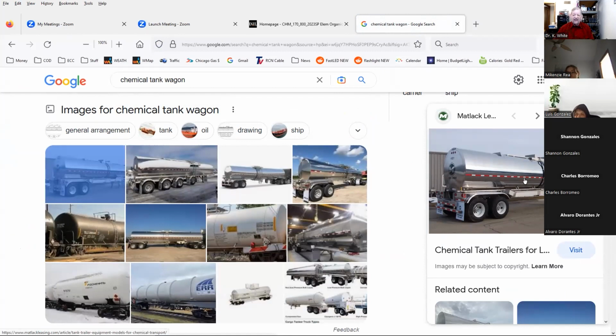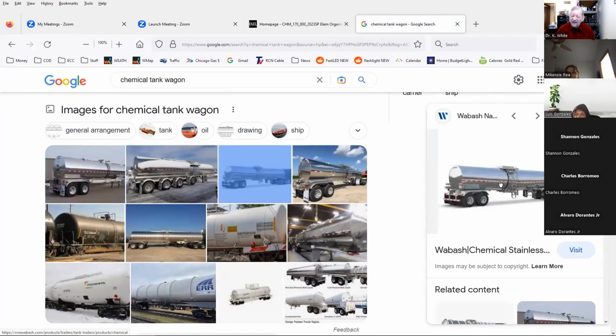This is a tank wagon. These are standardized, 5,000 gallons, 40,000 pounds. And that's a lot of chemical. And here's another one, and it's got a conical bottom. See the ladder on there?